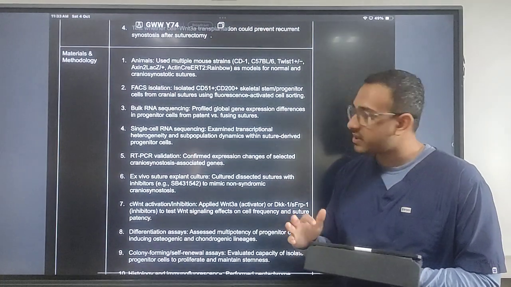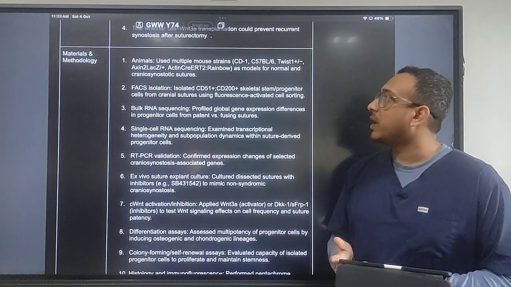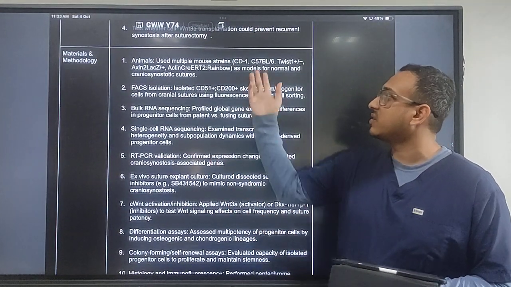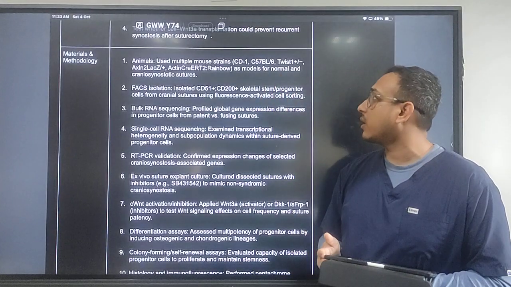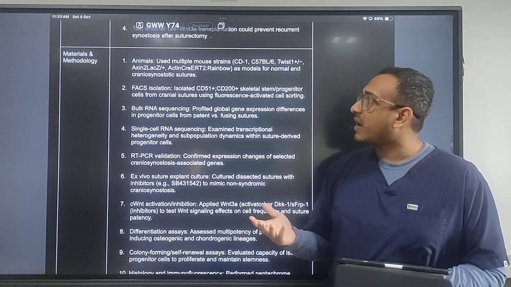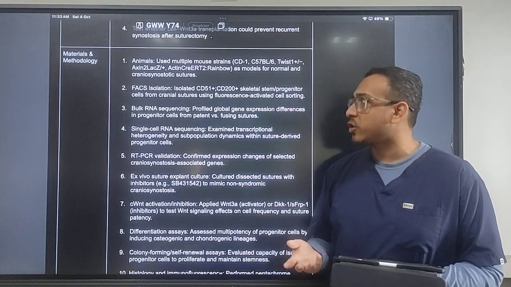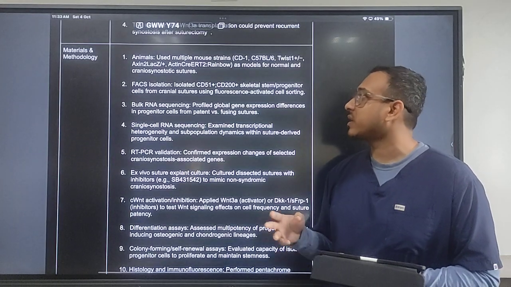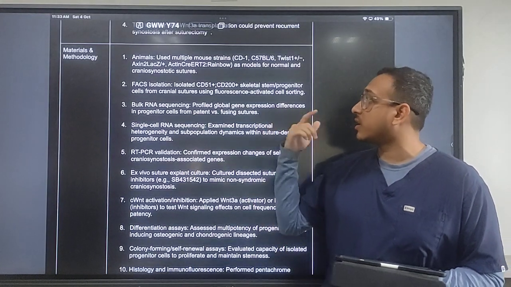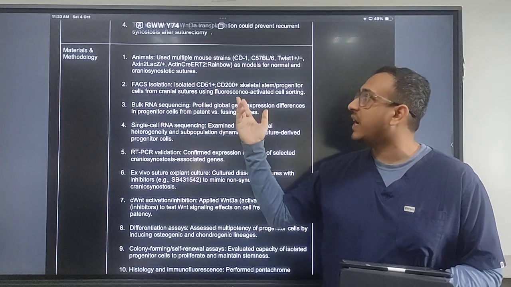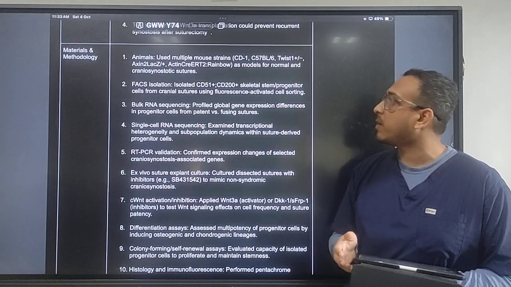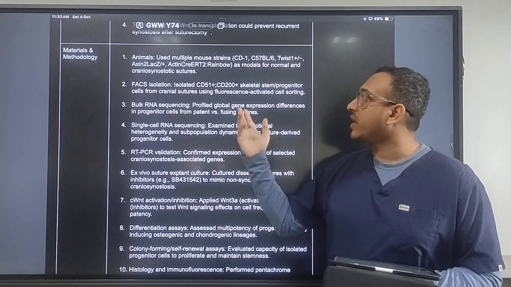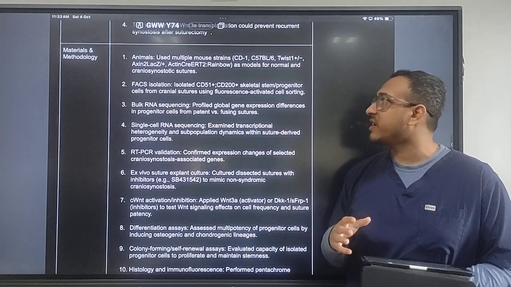So in materials and methods, for the animals, they used multiple mouse strains. These were the strains and the models for normal and craniosynostotic sutures. For FACS isolation, they isolated cells with CD51 plus and CD200 plus markers using fluorescence activated cell sorting.